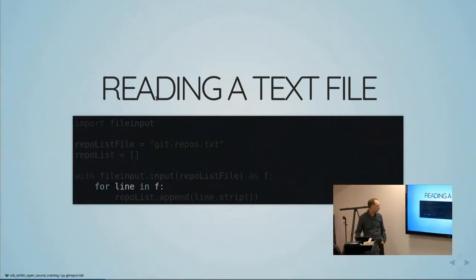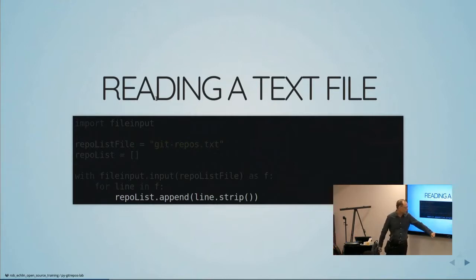So, for line in F. Now what we've done here is we've got this file. We pulled it in, and it's going to treat it line by line. So line is a variable name. Then all we're doing here is taking that line, which is a string, and using a string function, strip.